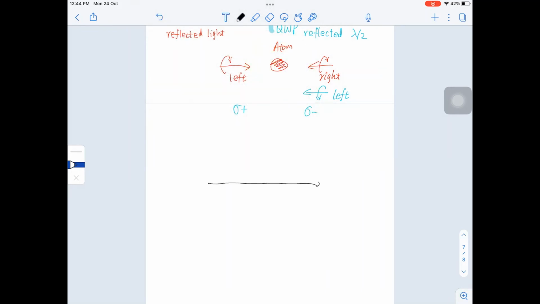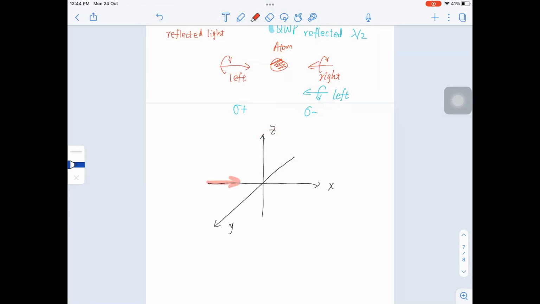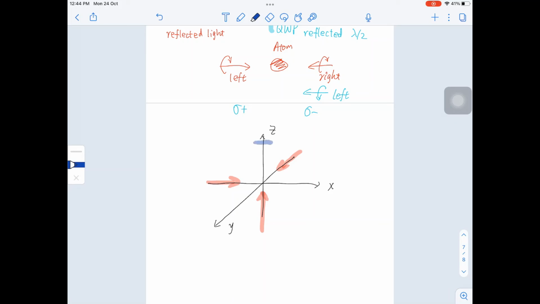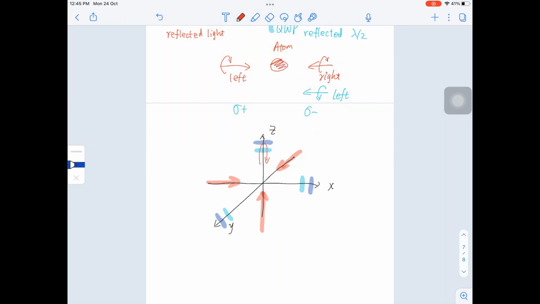X, Y, Z. Okay, you have laser beam this way, this way, this way, and you need to have mirror to retroreflect the beam, and before the mirror you need a wave plate to flip the direction of your light. So you can form the MOT here.